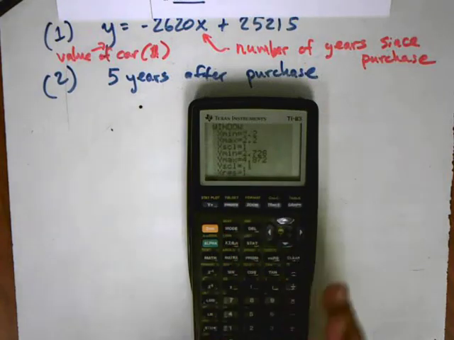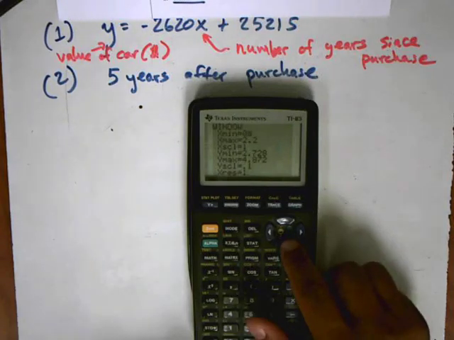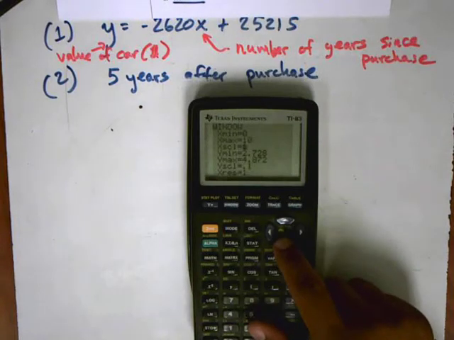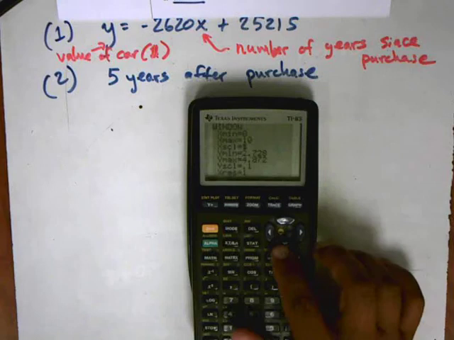Now the window here, keep in mind the x value is the number of years since its purchase. So it's going to start at 0, and we'll go, let's say 10 years. Okay? We can definitely go further than that. Scale, it's going to increment one step at a time.